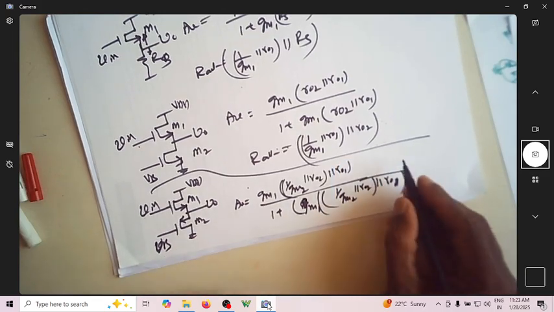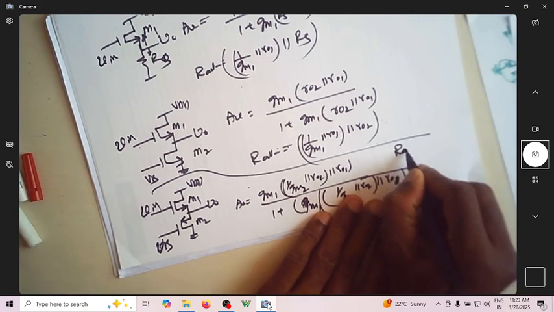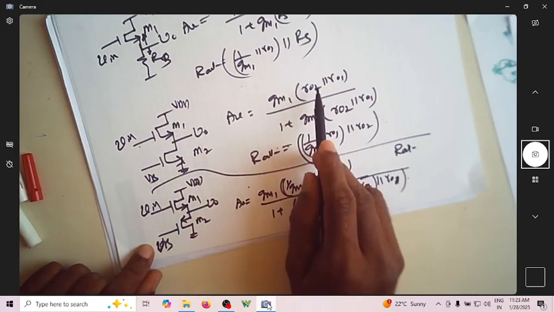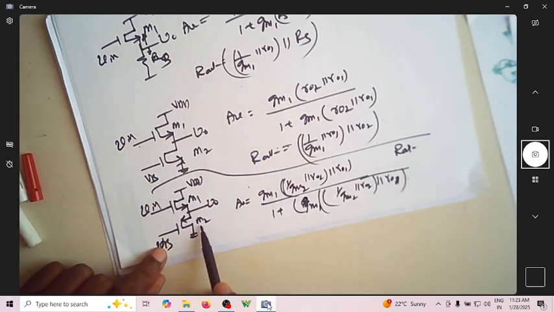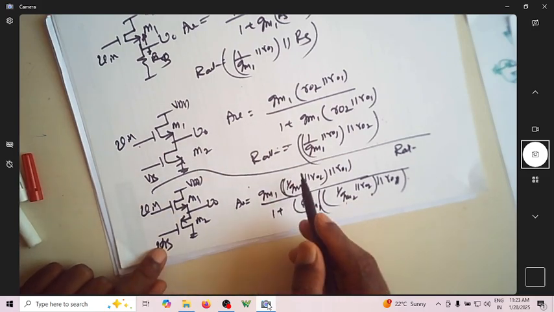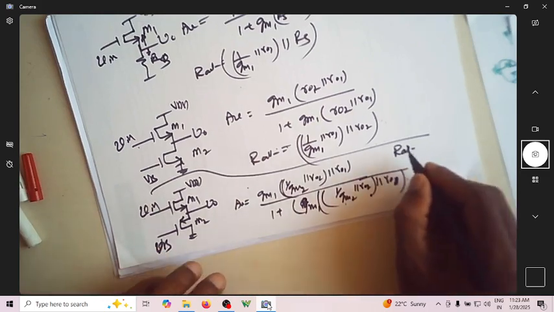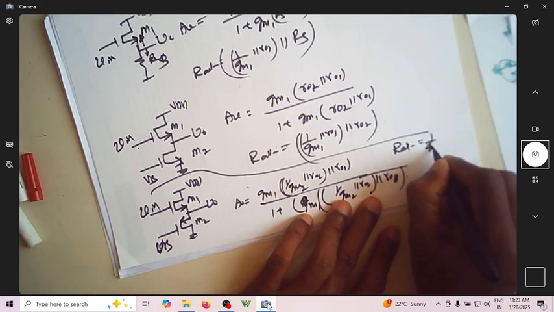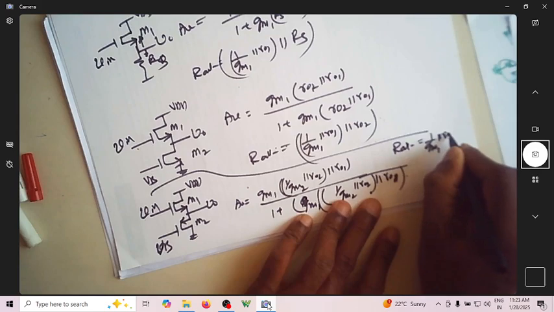So what is R out here? In place of RS, here you had R02. In place of RS, here you have 1 over GM2 parallel with R02. Otherwise all other terms are same. What is R out? R out is resistance looking up is 1 over GM1 parallel with R01.